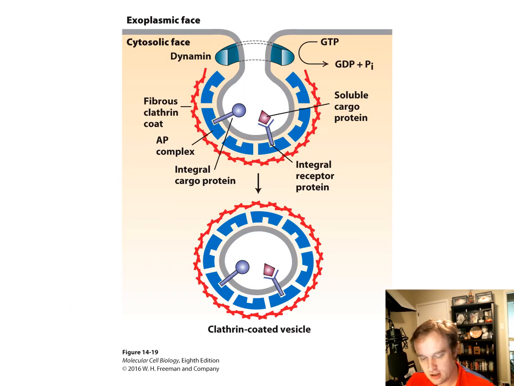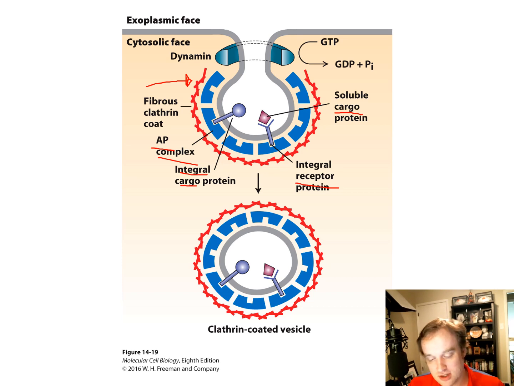So as you can see here, we have our clathrin coat. It's this fibrous coat that goes around the vesicle. We have our cargo protein inside with the receptor protein, and we have the integrated cargo protein. We have our AP complex of these coat proteins.